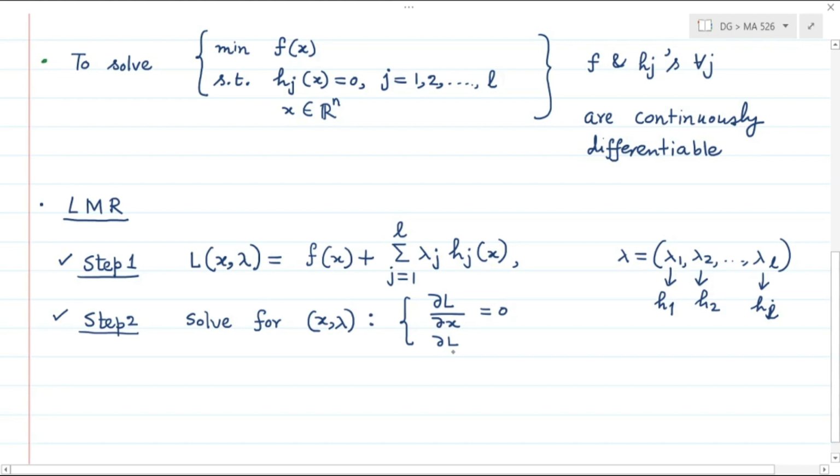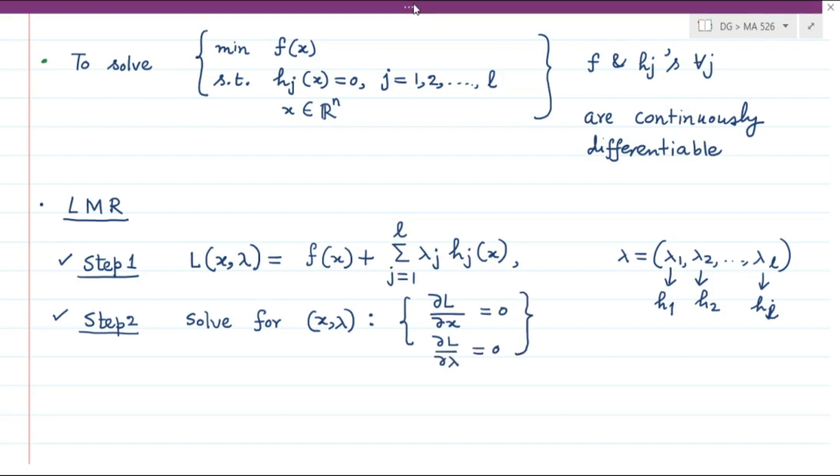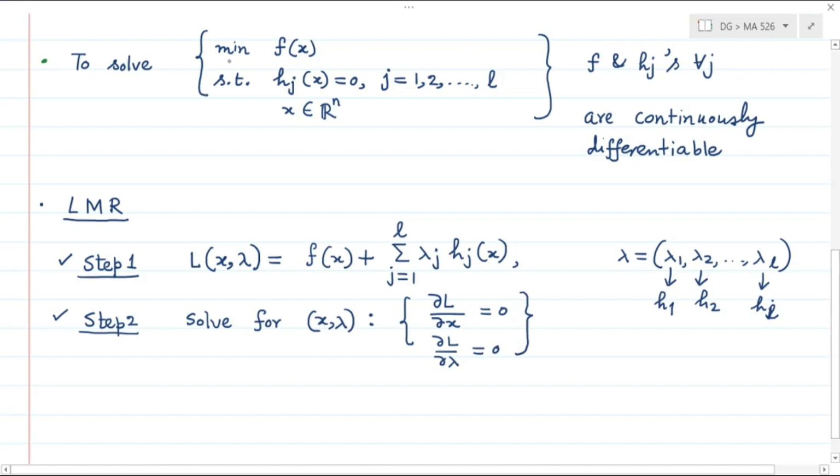By this del L del x, we mean, this is sometimes also appropriately written as nabla with respect to x of L is equal to 0, and this del L del lambda is also sometimes appropriately written as nabla lambda L.